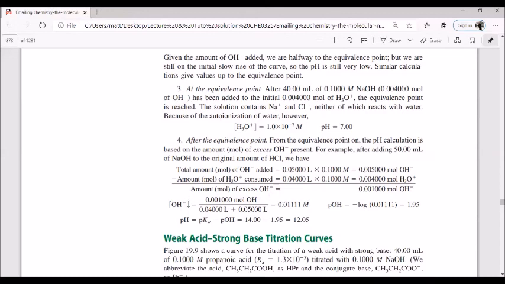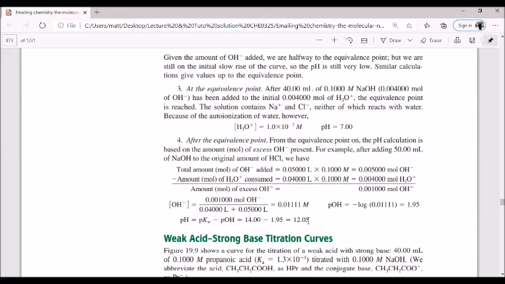From here, the negative log of this gives pOH equal to 1.95. So how to get the pH? Simple, pH equals pKw minus pOH, 14 minus 1.95, you get 12.05.